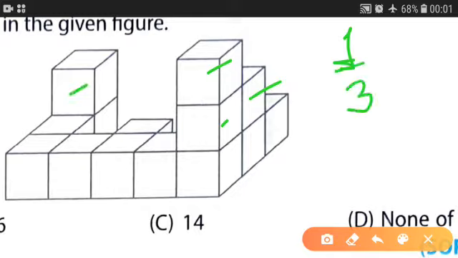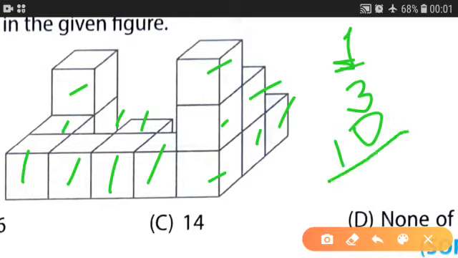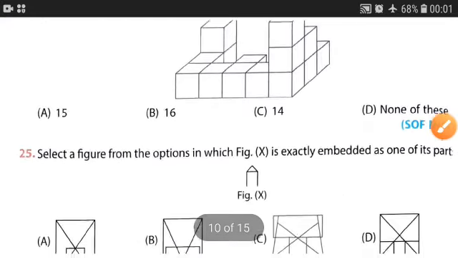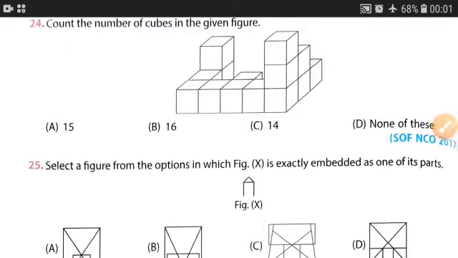Now in the third layer, how many cubes are there? 1, 2, 3, 4, 5, this is backward 6, 7, 8, 9 and 10. The total number of cubes will be 10 plus 3 plus 1, that is 14. Correct answer will be option C, that is 14. This is the way to count the number of cubes.